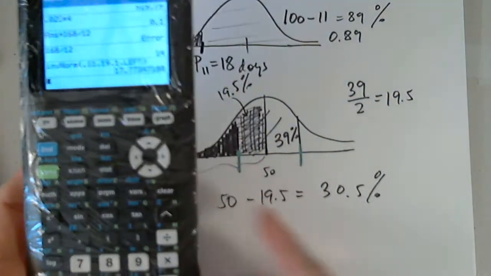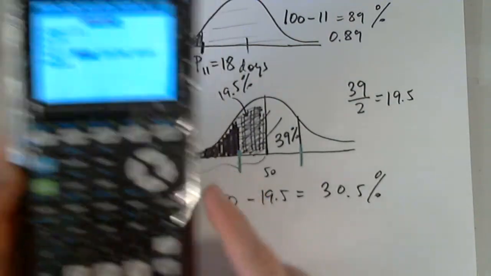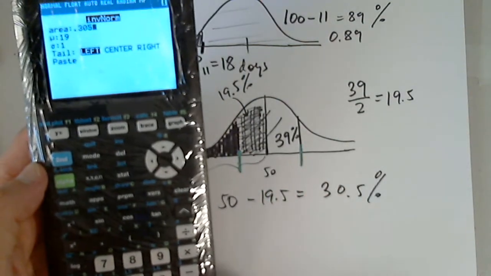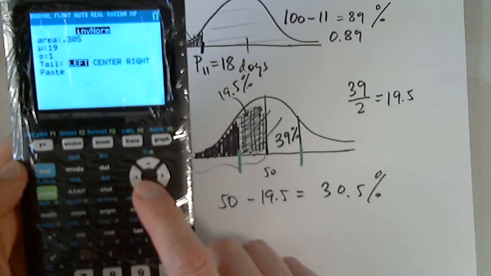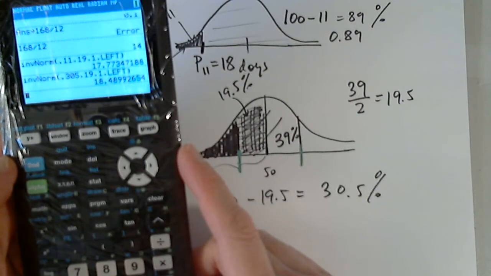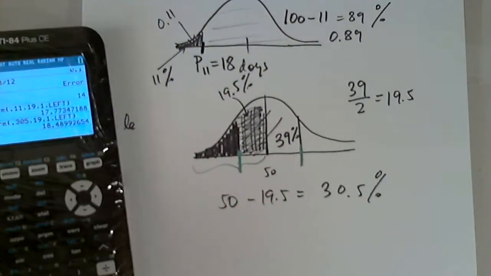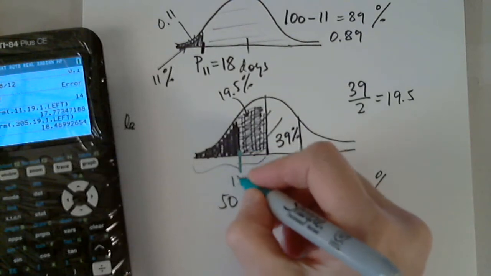So INV norm, the area is 0.305. Again, the mean is 19 and standard deviation is 1 and left, and I want to paste, and yes, give me that number. So that is 18, and they want us to round to the nearest whole number as needed. Okay, so this will be 18.